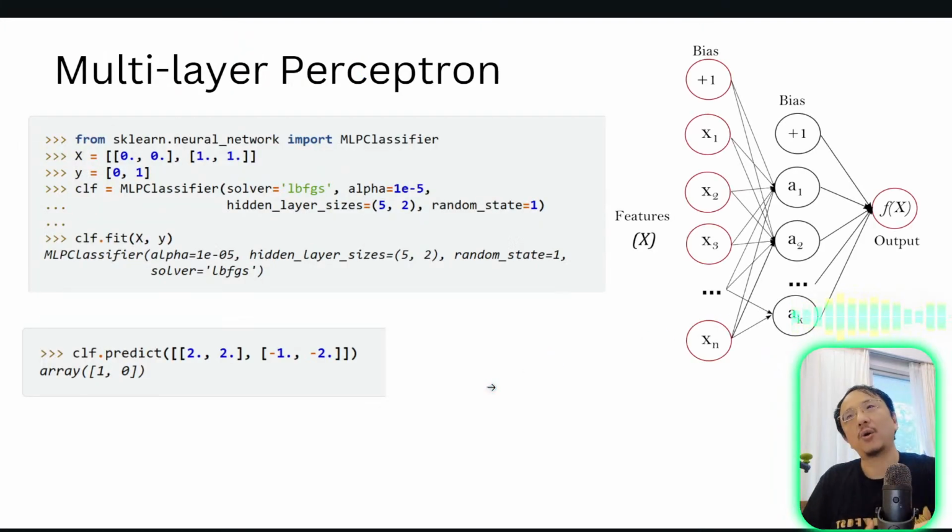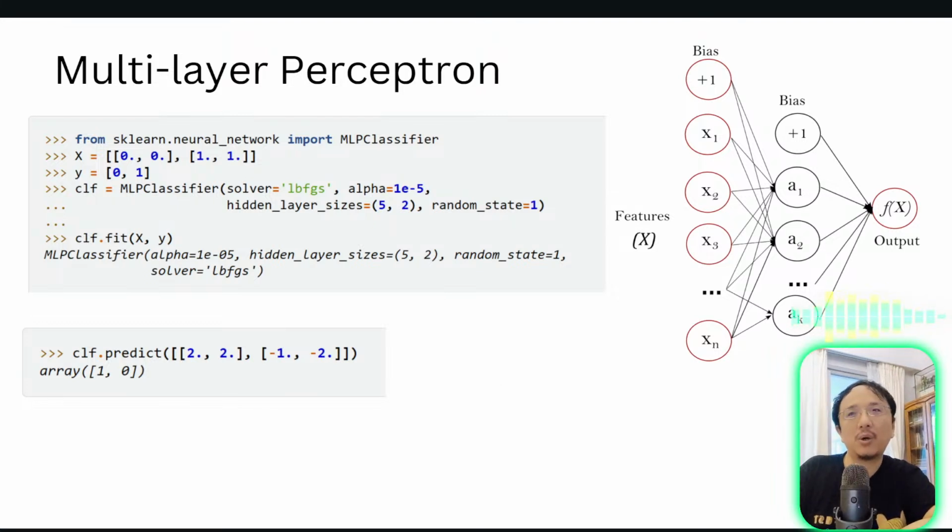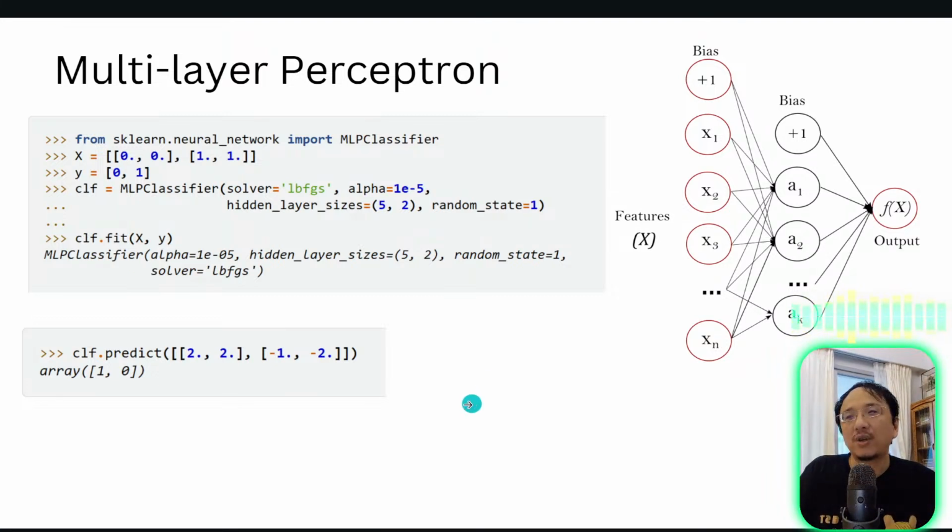Okay, scikit-learn also has a neural network, called the multi-layer perceptron. Sometimes you call it the feed-forward network, but the most accurate name should be multi-layer perceptron. So you first define the MLP classifier, and one of the benefits of using this is that you can define a different solver instead of using a gradient descent based one.